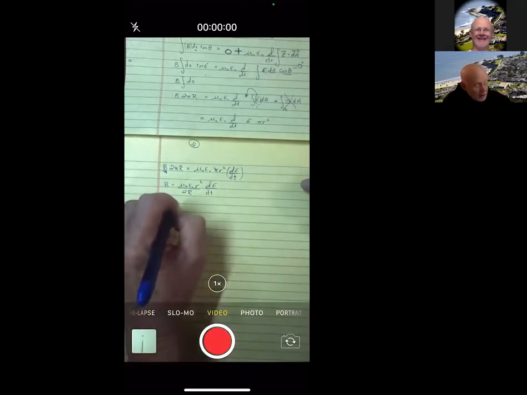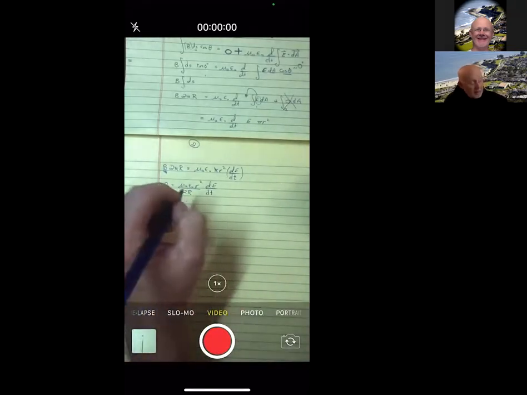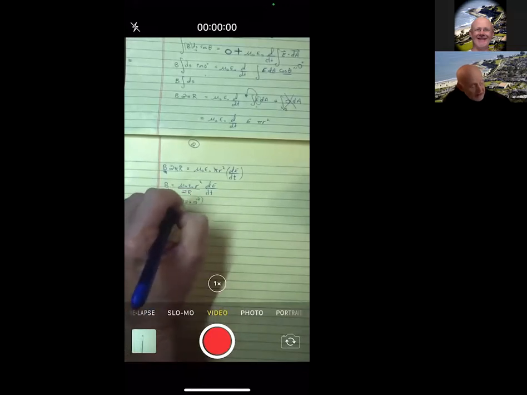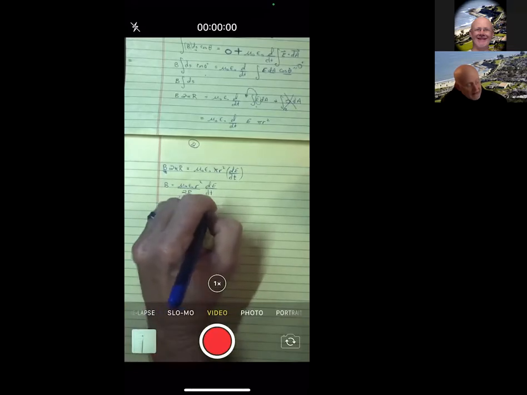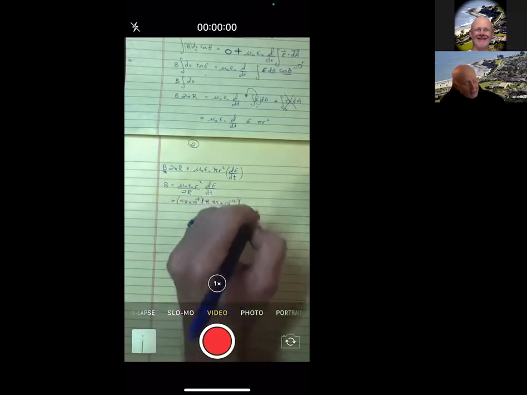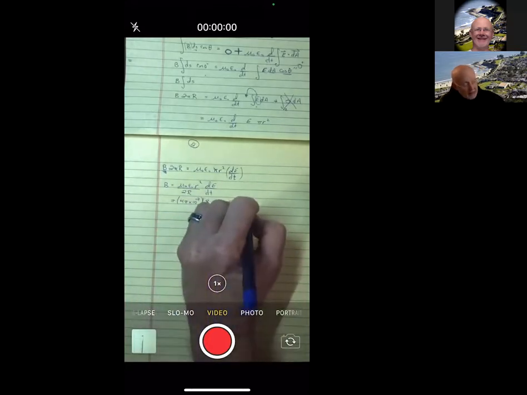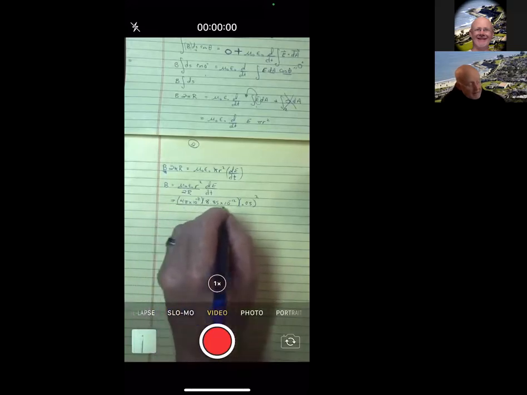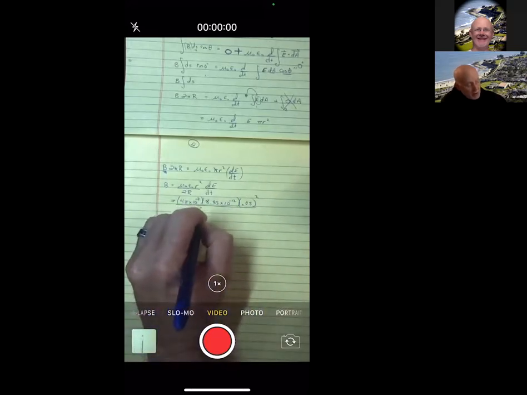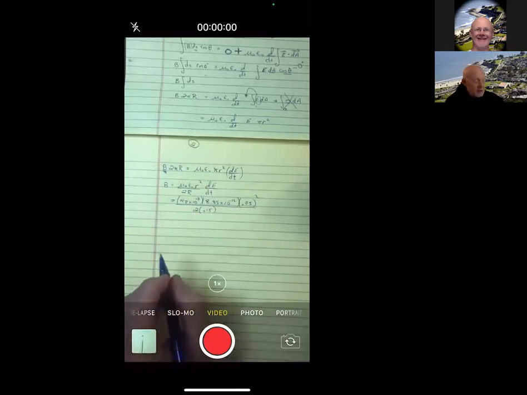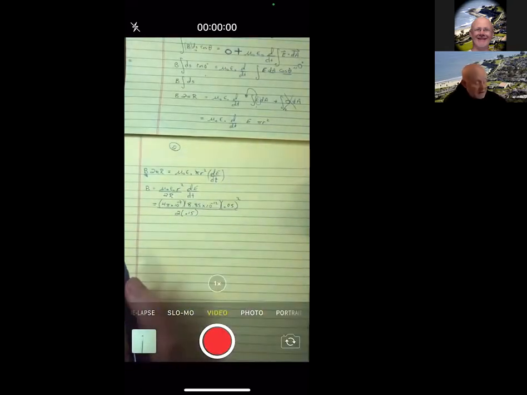All right, so now to put in our numbers, this is 4 pi times 10 to the negative 7. This is 8.85 times 10 to the negative 12. The smaller radius is 0.05 squared. 2 over the bigger radius, which would be 15 centimeters. So I'll put 0.15.